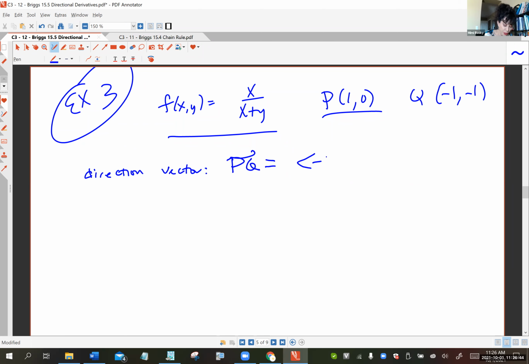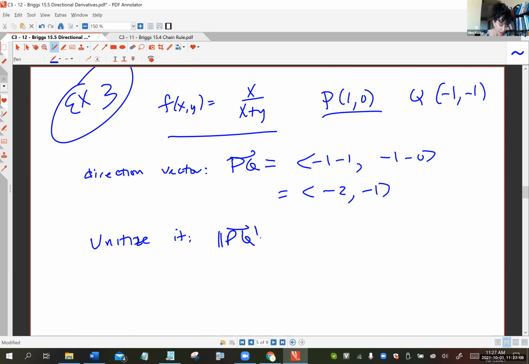And you guys know terminal minus initial, and I get the components -2, -1. Next up, you have to unitize it, because otherwise you can't use it in the directional derivative formula. The directional derivative formula requires a unit vector, period, no exceptions. So you're going to go get the magnitude to help you.